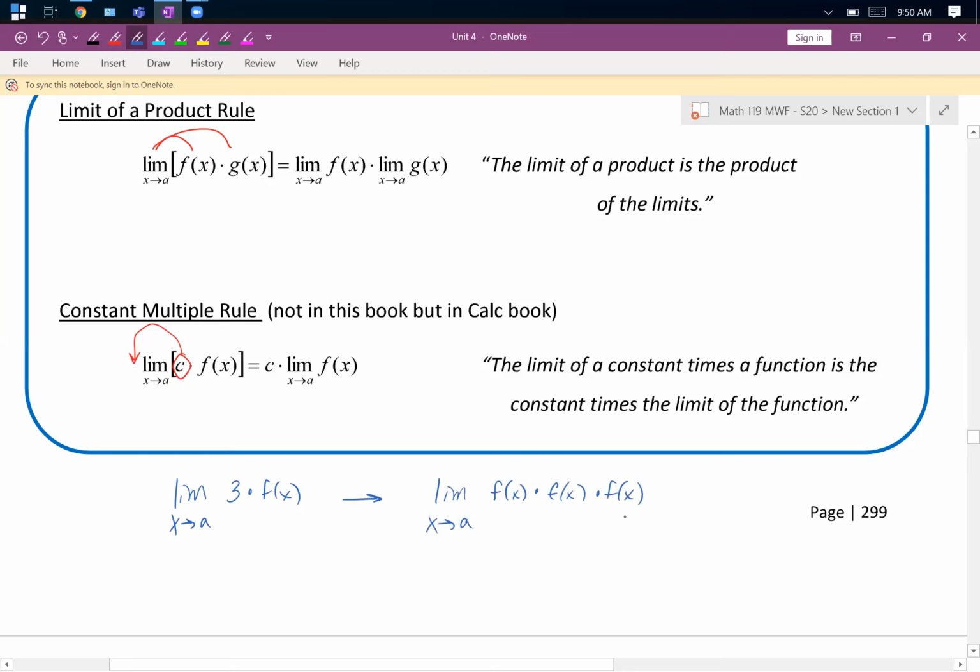And that limit of a product rule says, okay, well, make that the limit as x approaches a of f of x times the limit as x approaches a of f of x times the limit as x approaches a of f of x. We have the same thing multiplied together 3 times. So it's 3 of those limits. So that's how you can just bring it out in front.